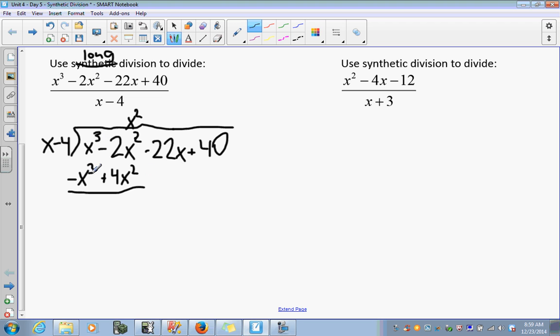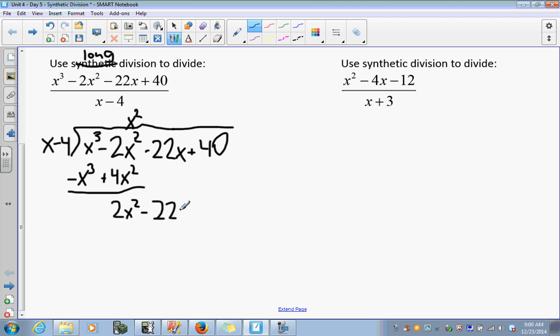Because x cubed minus x cubed, they cancel each other out. So there's nothing here. Negative 2x squared plus 4x squared is a positive 2x squared. Then I'm just going to bring down the negative 22x and set up for the next part of our division.